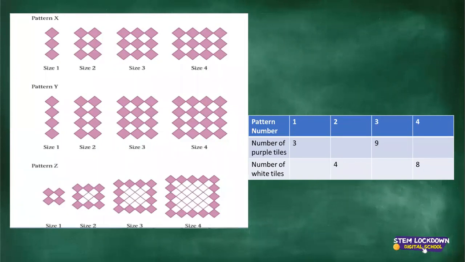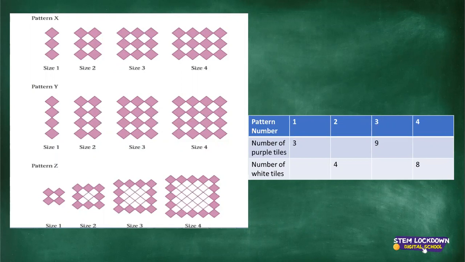What is the rule? Are we multiplying for white tiles or are we only adding? Because what I want us to notice is that if we're saying we'll multiply the pattern number by the number of white tiles, and we're saying we'll multiply by 2, I want us to notice this.